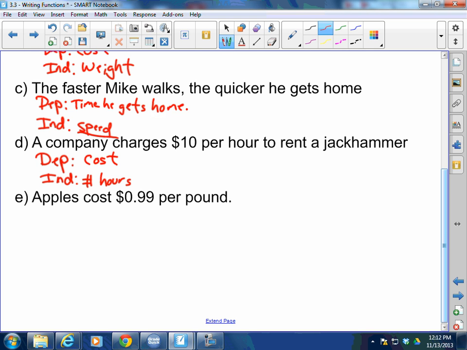If I rent it for 2 hours, it's only $20. So my cost, y, dependent, depends on my number of hours, x. Very good. Apples cost 99 cents per pound. What is my dependent? And what is my independent? Dependent, cost, for sure. Independent, the number of pounds. Fantastic. Well done. So it makes sense, though.